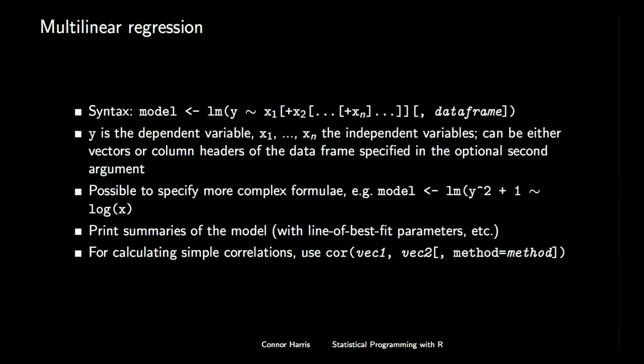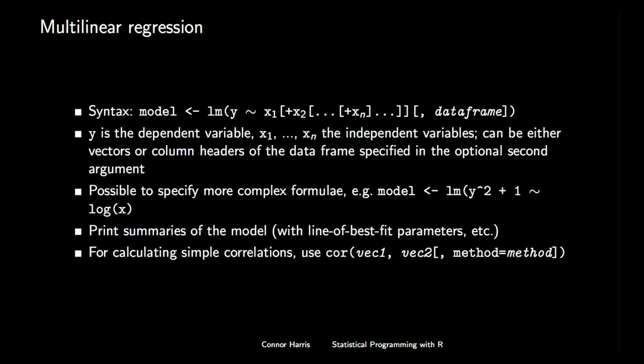So basically, it's lm parentheses. First item is the dependent variable, tilde, x1 plus x2 plus however many independent variables you have. And then these can either be vectors, all of the same length, or they can be column headers in a data frame that you can specify in the second argument, data frame.